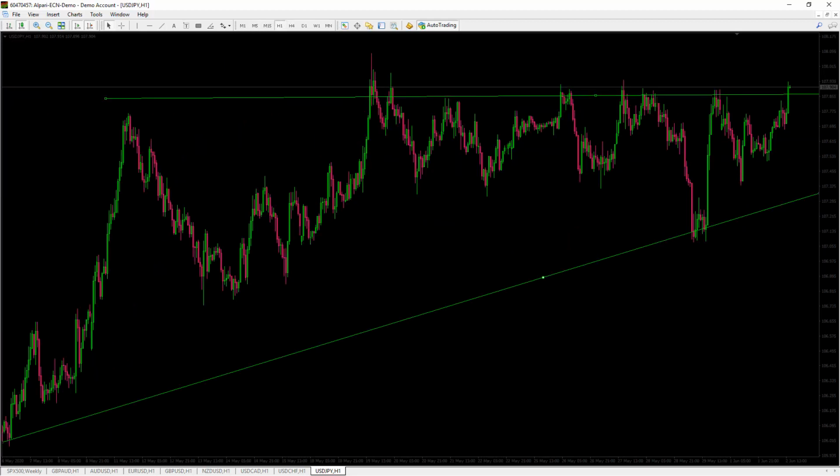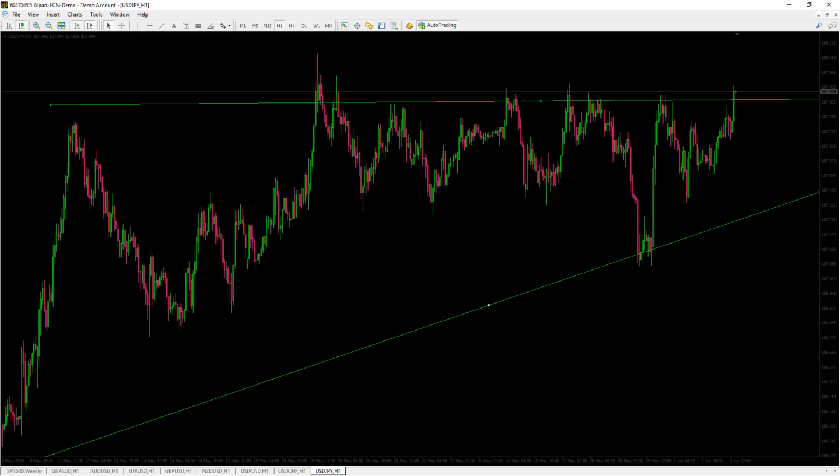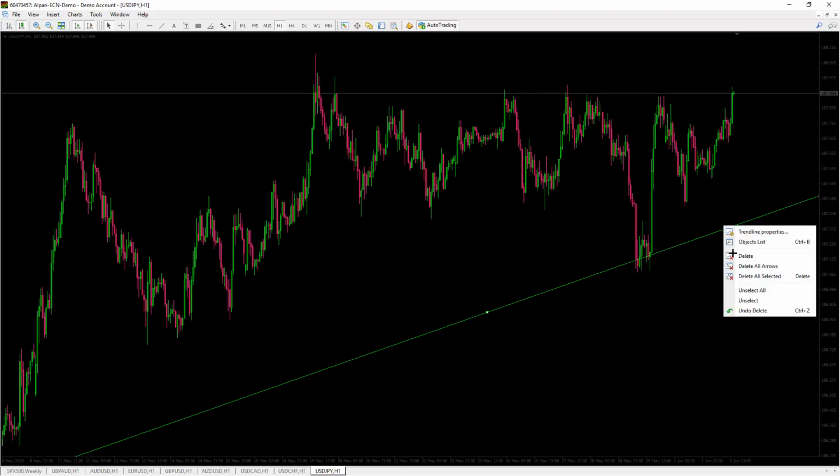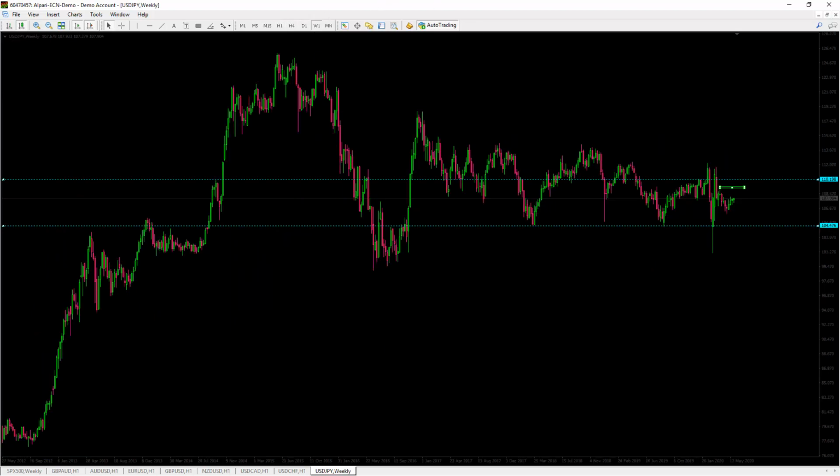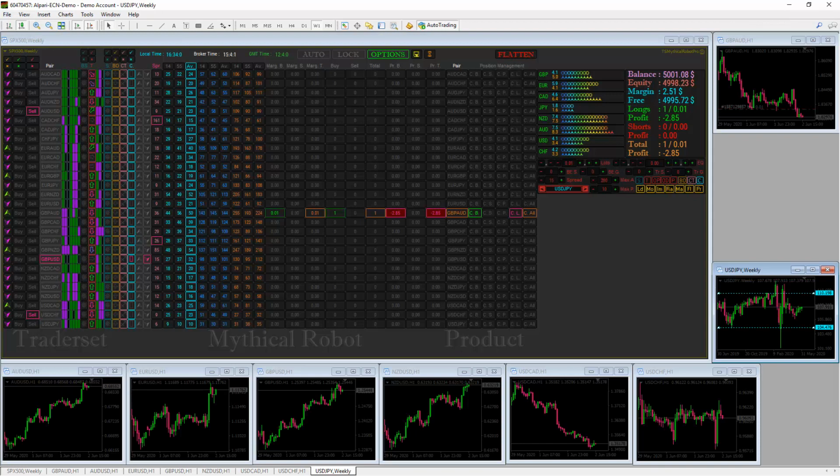Going back to 1 hour, we clearly see that compression going on. We broke to the resistance level, inside the resistance level actually. So chances are that we will win if we think upward move. So here in USD JPY, although the indication says short, I may go on the upward move.